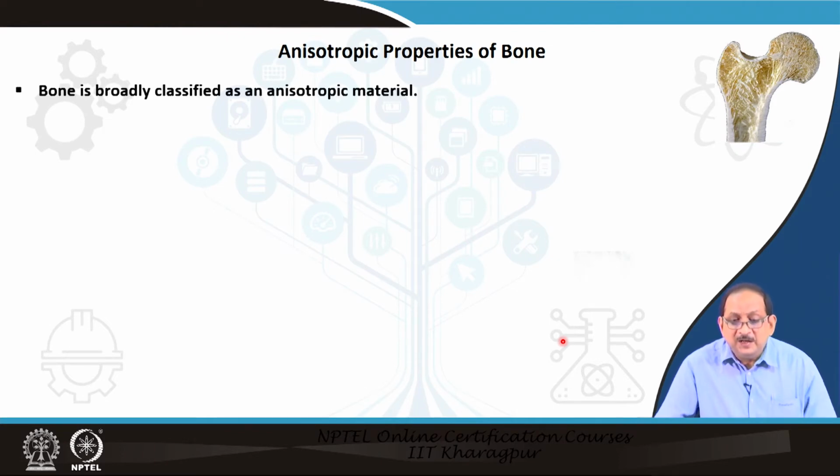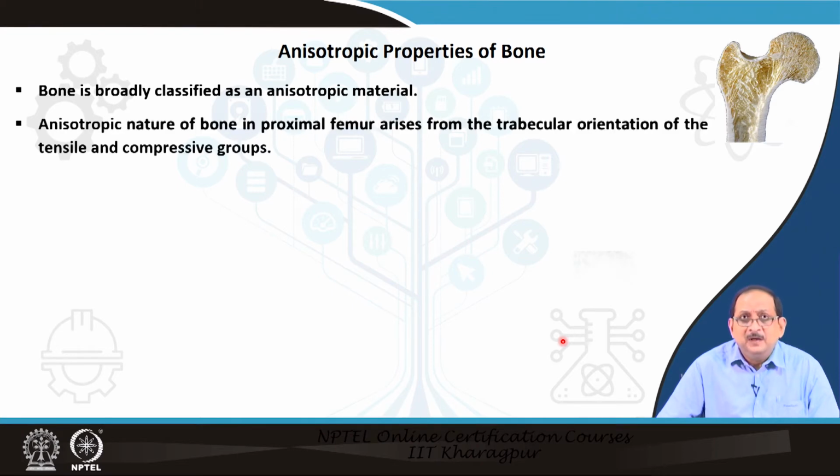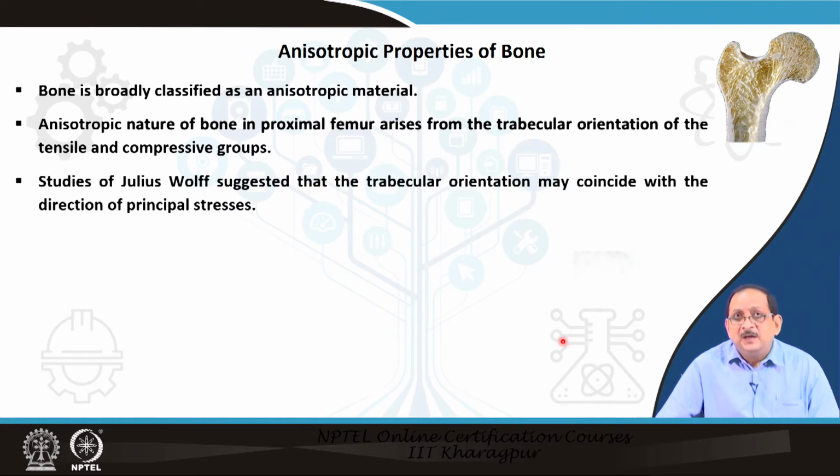So, let us summarize the anisotropic properties of bone. Bone is broadly classified as an anisotropic material. Anisotropic nature of bone in proximal femur arises from the trabecular orientations of the tensile and compressive groups. Studies of Julius Wolff suggested that the trabecular orientation may coincide with the direction of principal stresses.